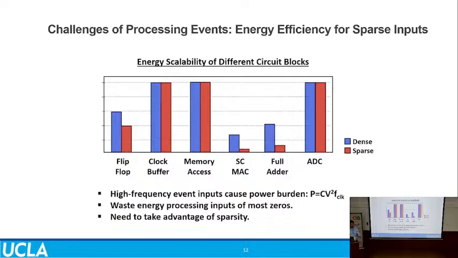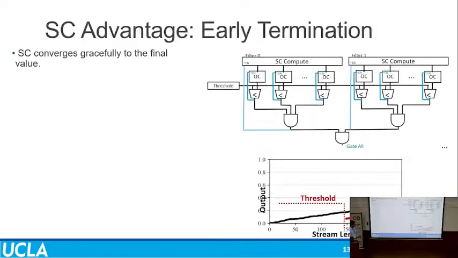And that's a well-known problem. Dealing with sparse matrix multiply is very, very hard for digital systems. So the one key thing where SC helps us in doing the sparse compute is, remember, you're feeding a stream of bits. At any point, I can cut the stream and I'll get a gracefully approximate answer.